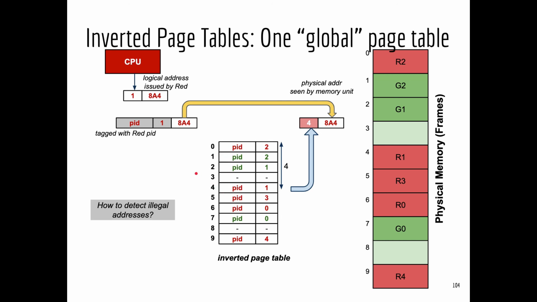In our example, a matching entry is found at index 4: red PID, page number 1, matching entry at index 4. This tells us that this logical address from red can be found in frame 4 in your RAM.